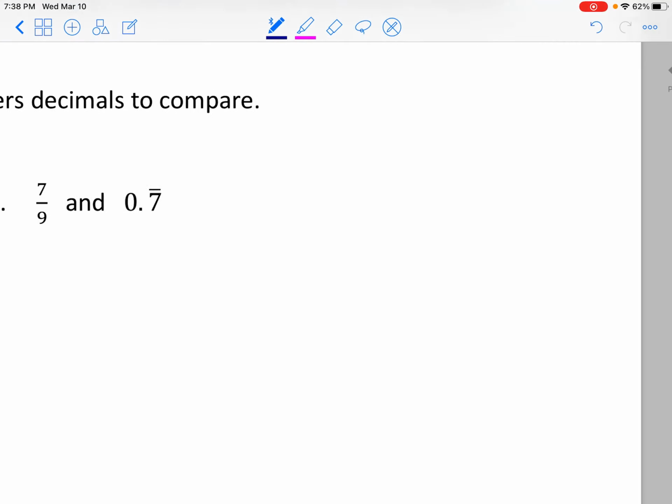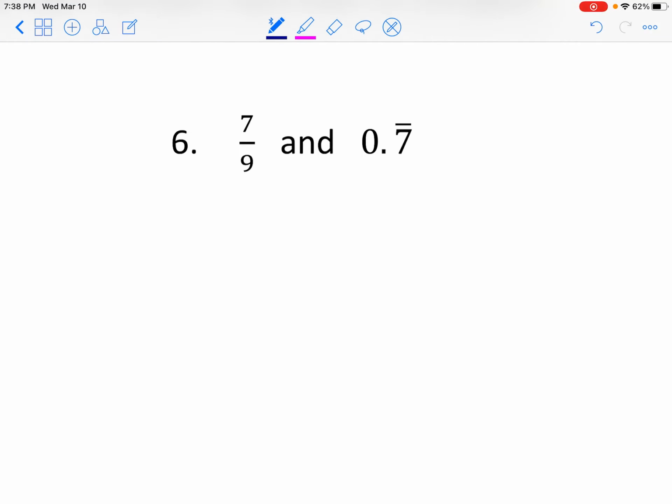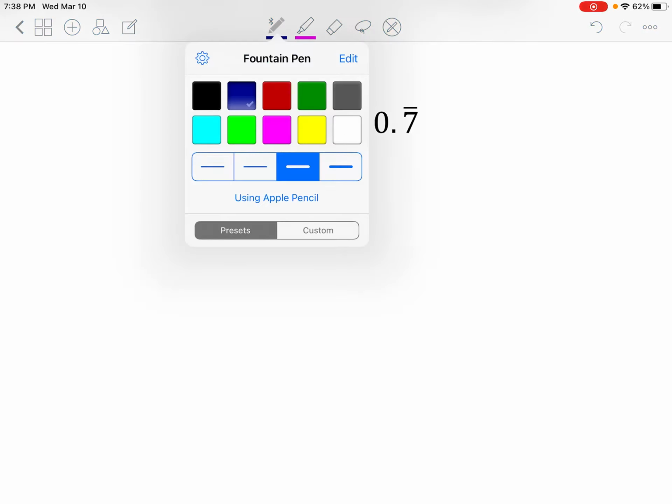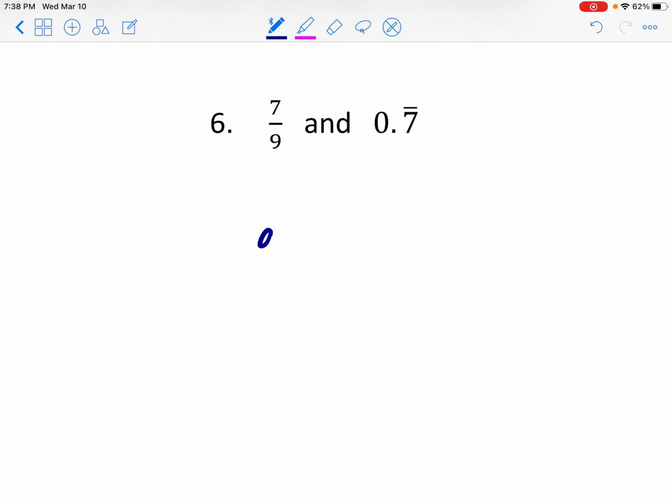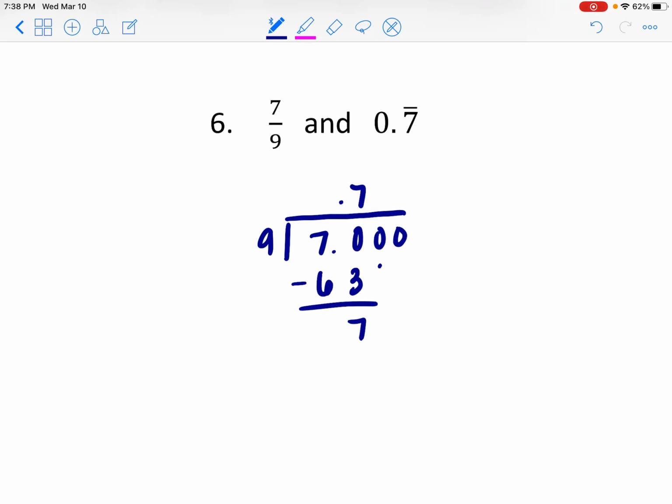And a similar process here. So let's take our 7/9 and let's make it a decimal. So 9 is going to divide into 7. Let me add some zeros there. 9 will go into 77 times. That's 63. There's going to be 7 left over.